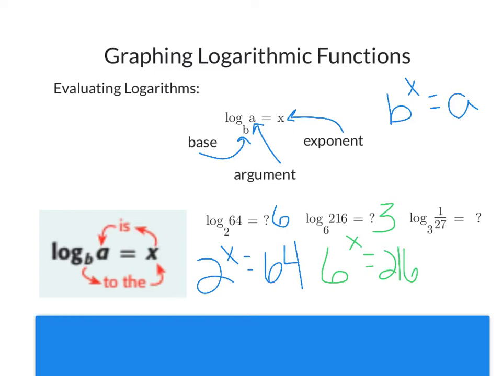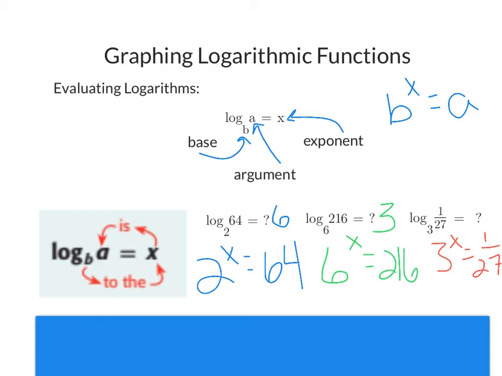Our final example, we have log base 3 of 1/27 is equal to an unknown. So I would ask, base 3 to the what power is 1 over 27. Well, since my exponential equation is equal to a fraction, I know that my exponent is going to be negative.